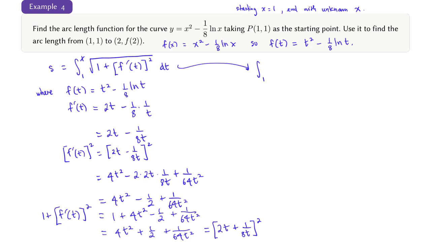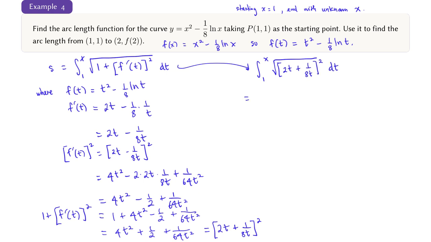Using the arc length formula as a function, it is the integral from 1 to x, the square root of 1 plus f prime of t squared, but 1 plus f prime of t squared is 2t plus 1 over 8t, and this is underneath the square root. Don't forget dt.